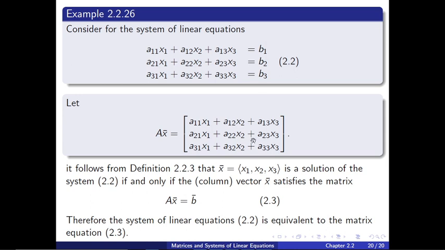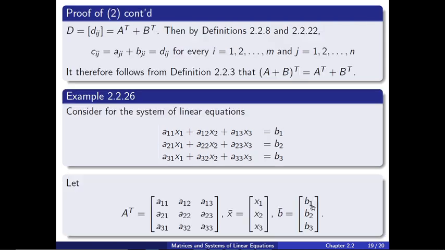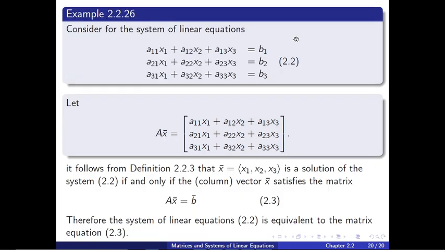So if we can find values for x1, x2, and x3, which is a solution to this system 2.2, then it has to satisfy the fact that Ax will be equal to b, where b is the entries, the terms on the right side of each equation, right? So if it is a solution, then it will have to satisfy that.